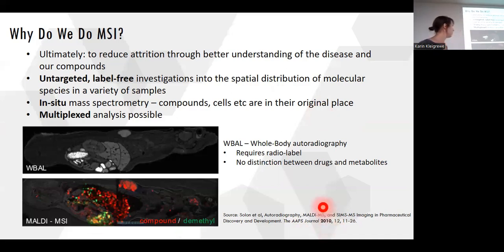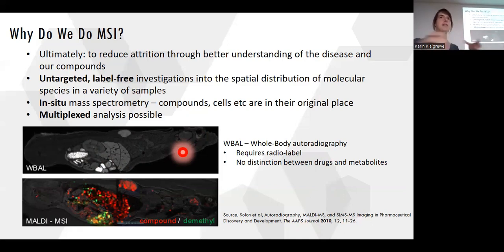And one example of whole body autoradiography is shown here. It's not really showing very nicely, but anyways, those images are very pretty. It's of a drug that was radio-labeled, and you can see the distribution here, some white spots here, some white spots here. But the problem with those radio labels is that you cannot tell whether you're actually looking at your drug or a metabolite.